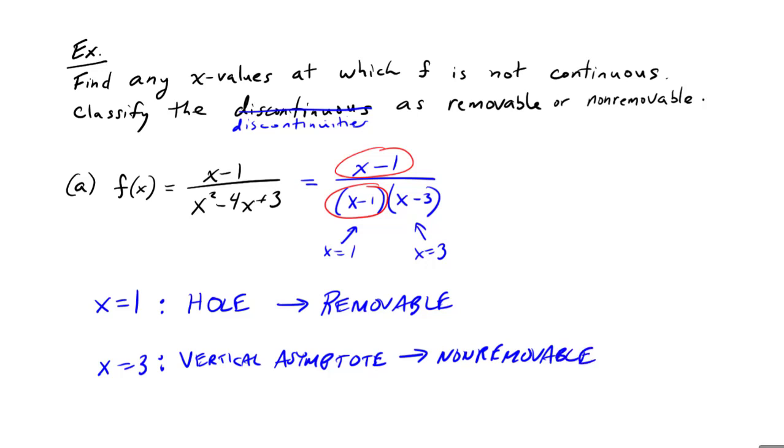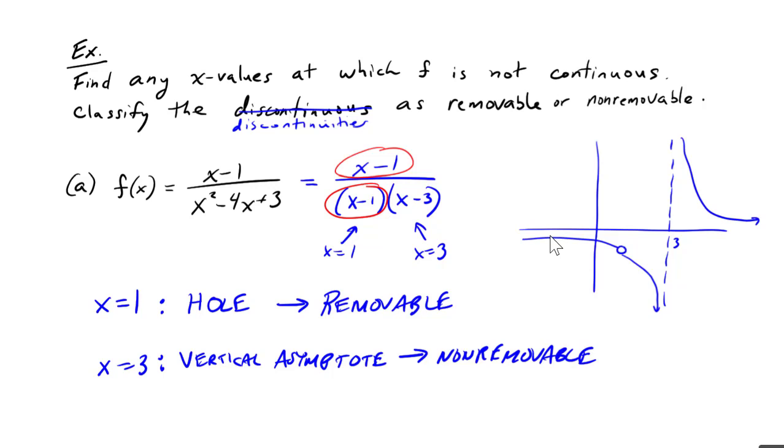Okay, if you're wondering what the graph of this would look like, to link up those ideas from before, the function would be like this, where here is 1, so there's your hole at 1, a removable discontinuity, and there is your vertical asymptote at 3, your non-removable discontinuity.